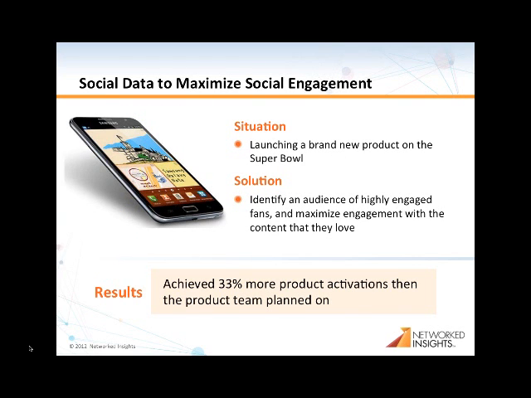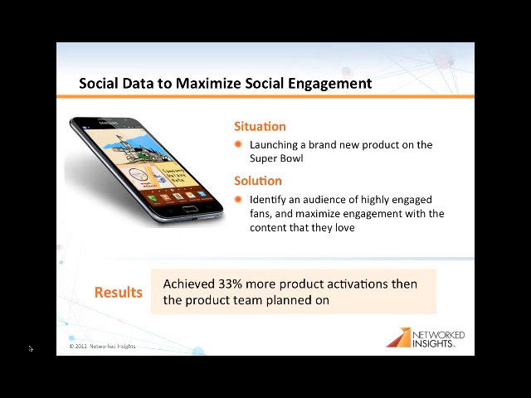Sticking with the sports metaphor here, if you're going to buy a Super Bowl ad, you're going to want to make sure that it resonates with people. So in user-generated content, you really need to know what is going to resonate with your audience, especially if you're going to spend on something like a Super Bowl ad. So what we did is we helped them design the ad campaign and inform the creative by looking at what would resonate with their brand in an event situation like this.